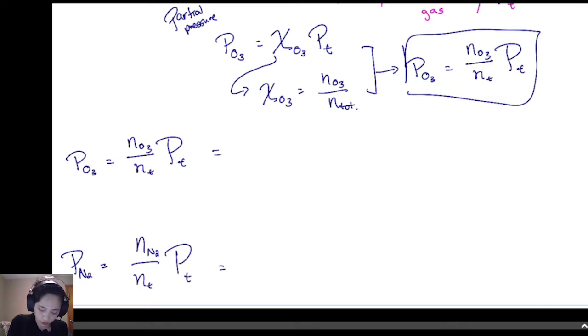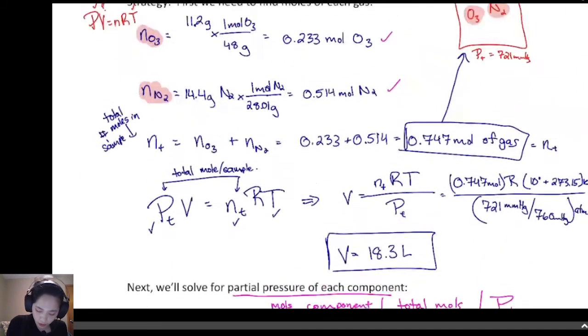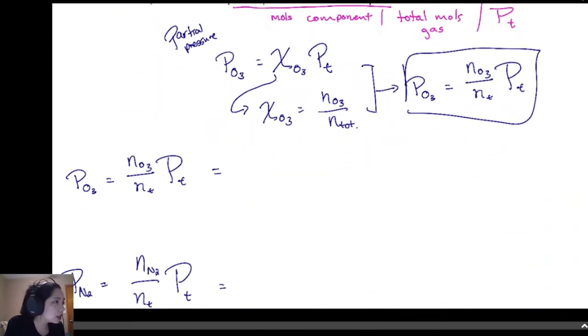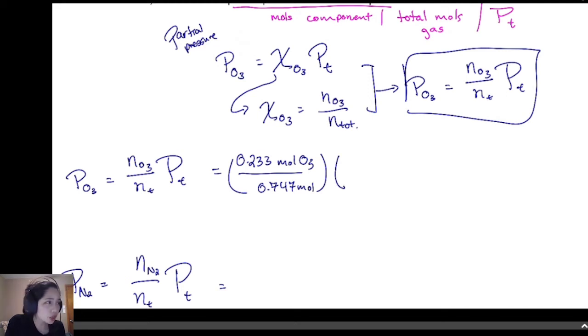So for ozone, it'll be 0.233 moles of ozone over total moles, which is 0.747 moles of gas, times our total pressure, which they gave us.